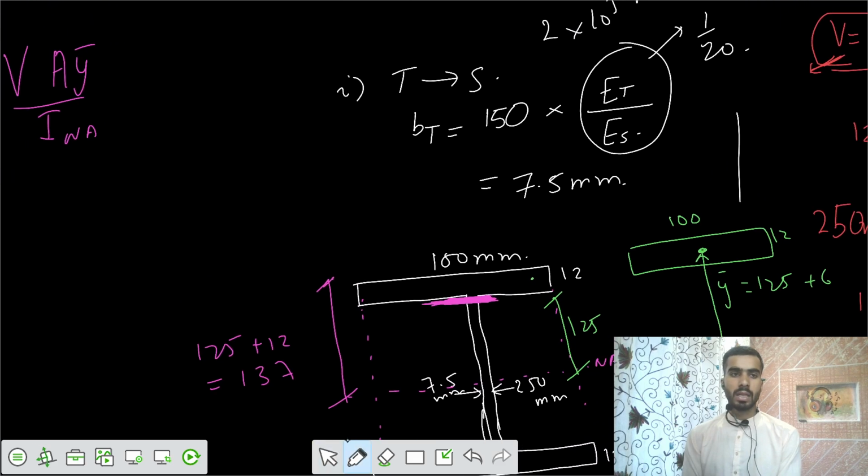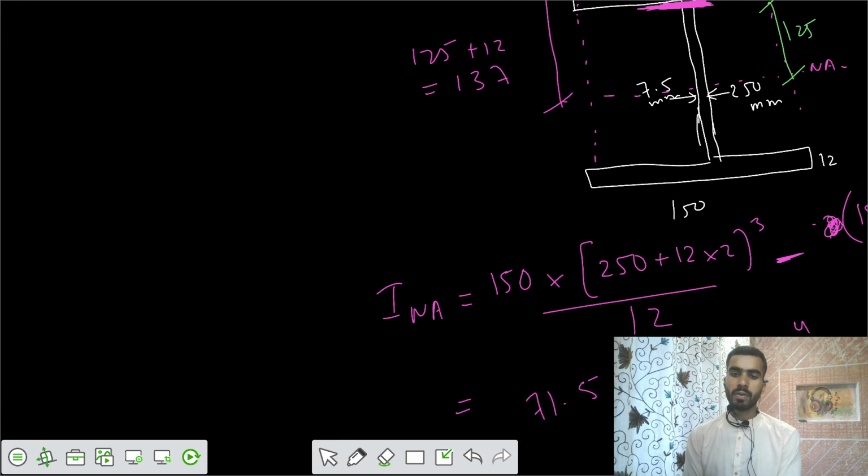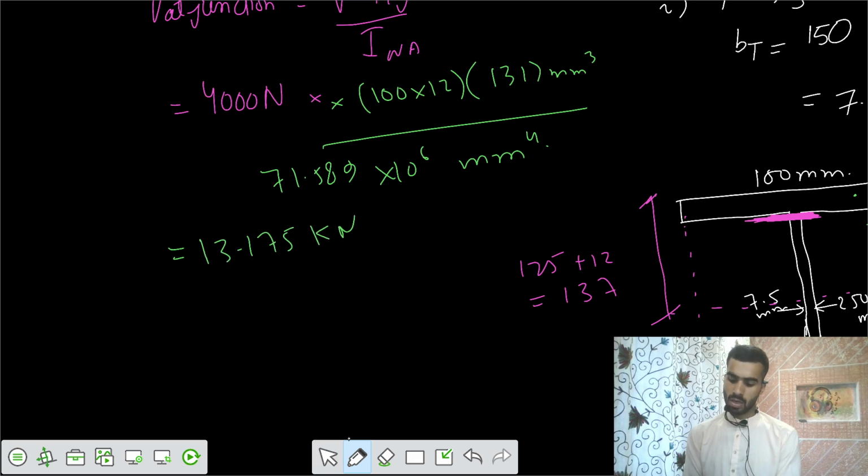So I would say into that area of 100 into 12 and acting at y bar, that is 131 mm power 3. Similarly, divide by that I NA, the value we got, 71.589 times 10 to the power 6 millimeter power 4. And you can get the value of shear flow at that junction. Shear flow equals 13.175 Newton per millimeter. This is your q at the junction.